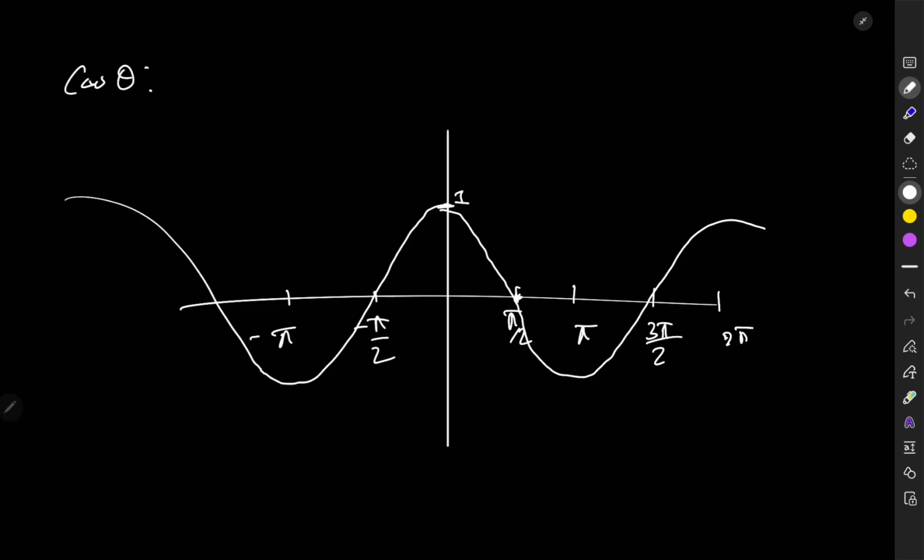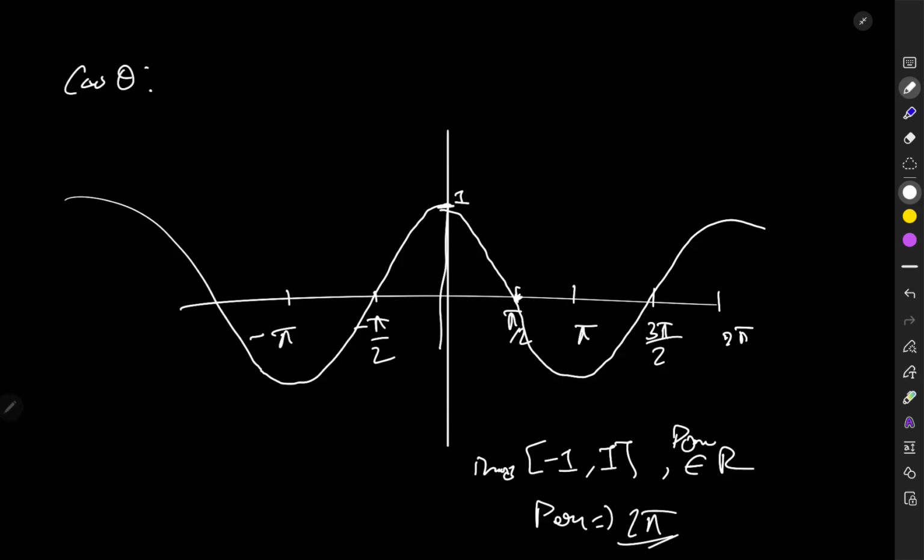So this will be the graph, and clearly you can see here also the range is minus 1 to 1, domain belongs to R, and period is 2 pi, same as sine, fine.